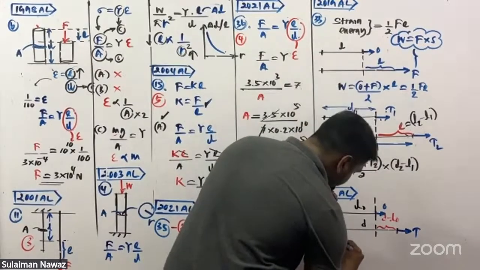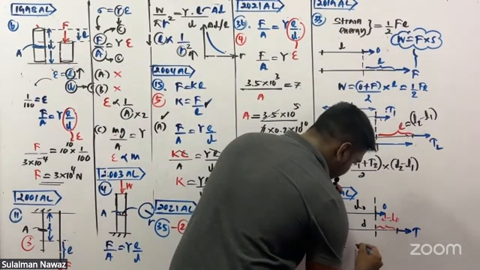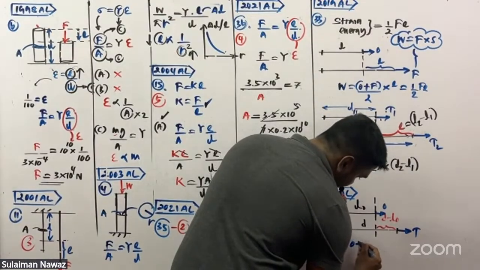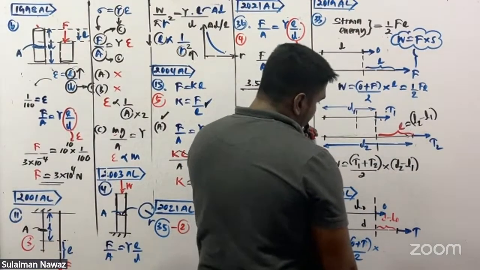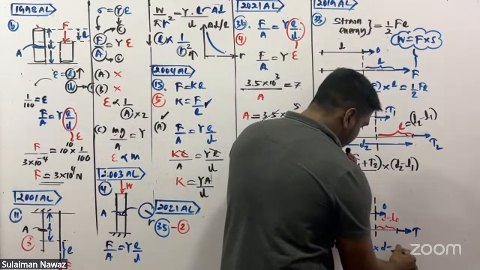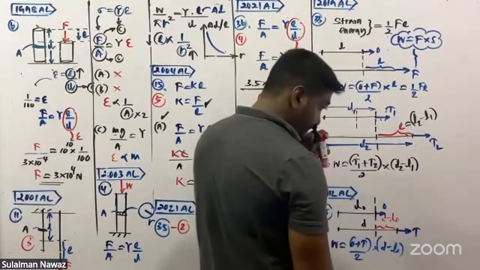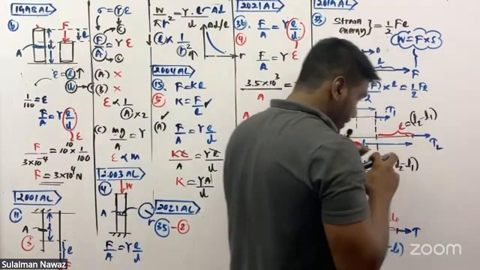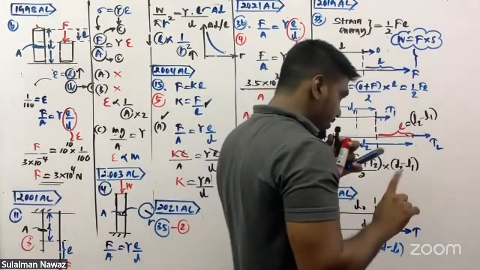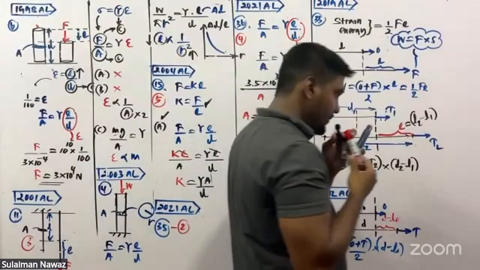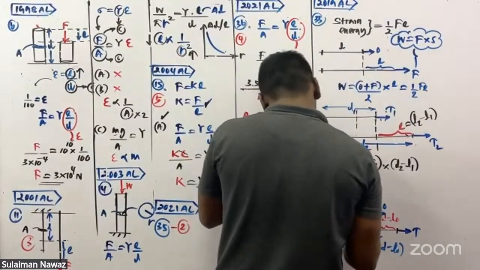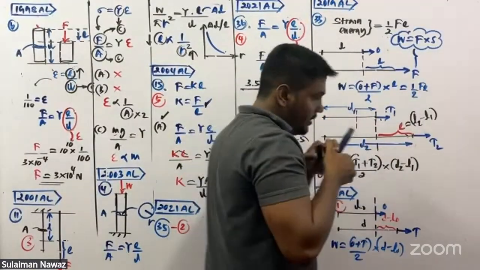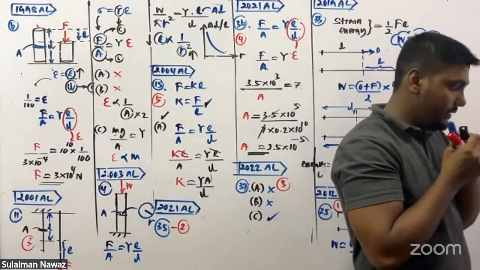What is the average force? 0 plus T over 2, which is T over 2, into the extension D minus L naught. What is the answer? I think the first one, T over 2 times (D minus L naught). Answer is the first one.